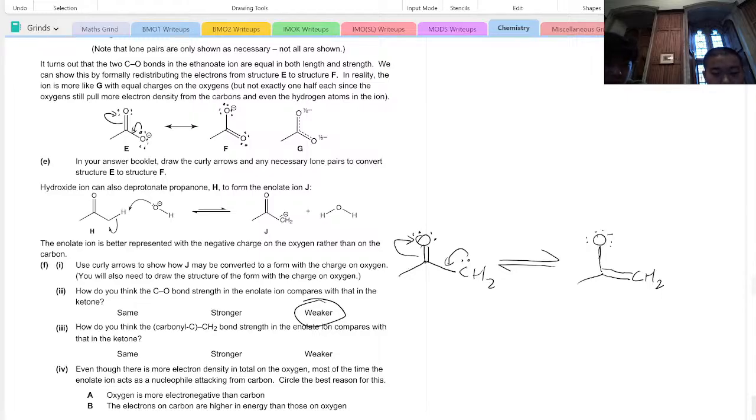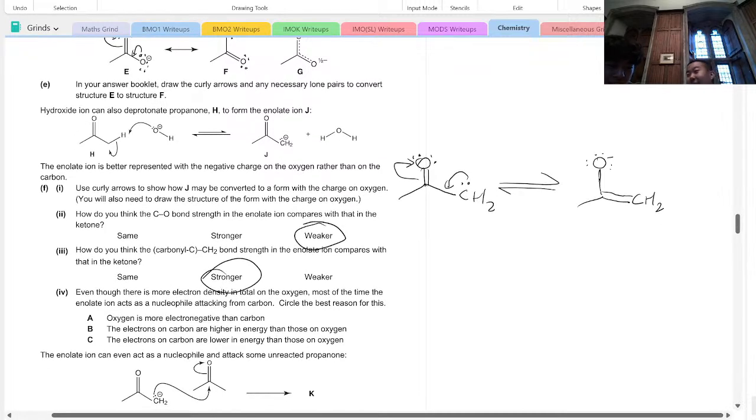The carbonyl C–CH2 bond strength. So is it like this? Yeah, this is the carbonyl C. So like this bond versus this bond. If this is weaker, then in the enolate it's a double bond, so I'll say stronger.